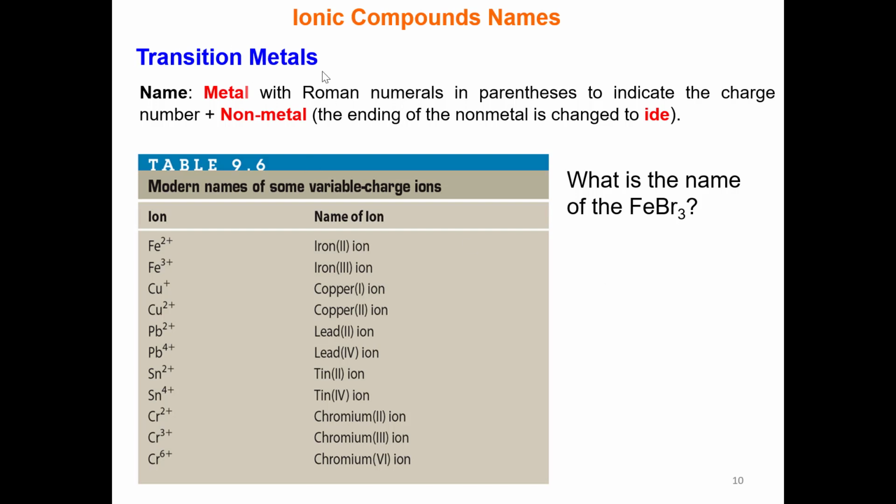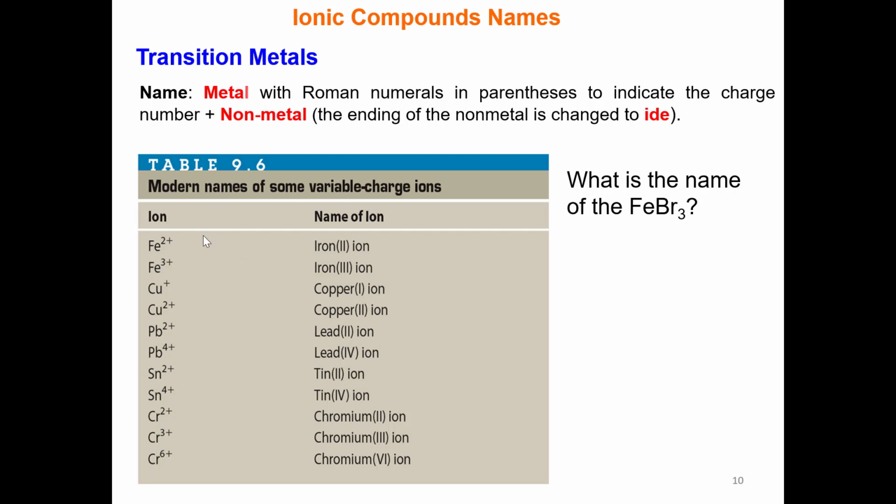In this case, we will write the name of the metal first, but to indicate the charge of the transition metal, we will use a Roman numeral in parentheses. Then we will write the name of the non-metal, and as we did before, we change the ending of the non-metal to -ide. We can see in table 9.6 how we write the names of the metal ions that have multiple charges.